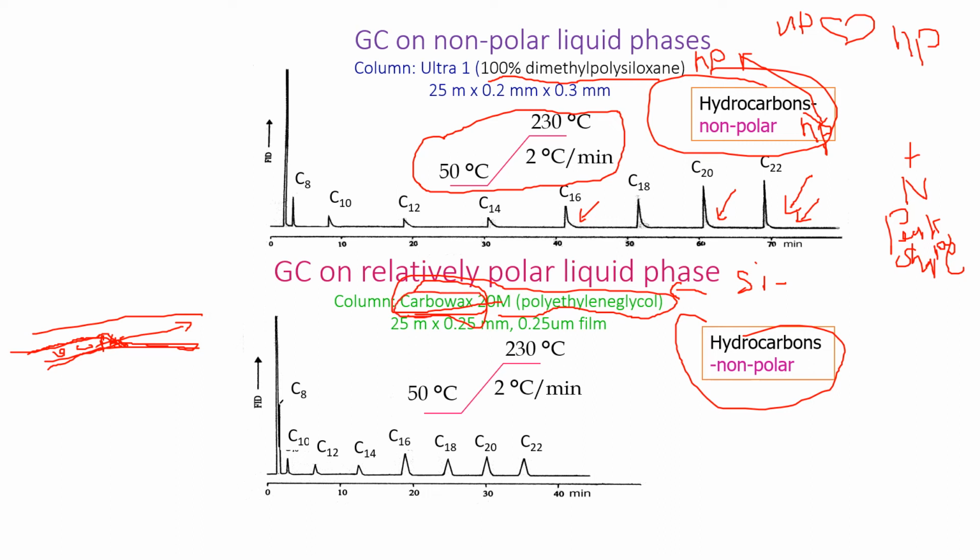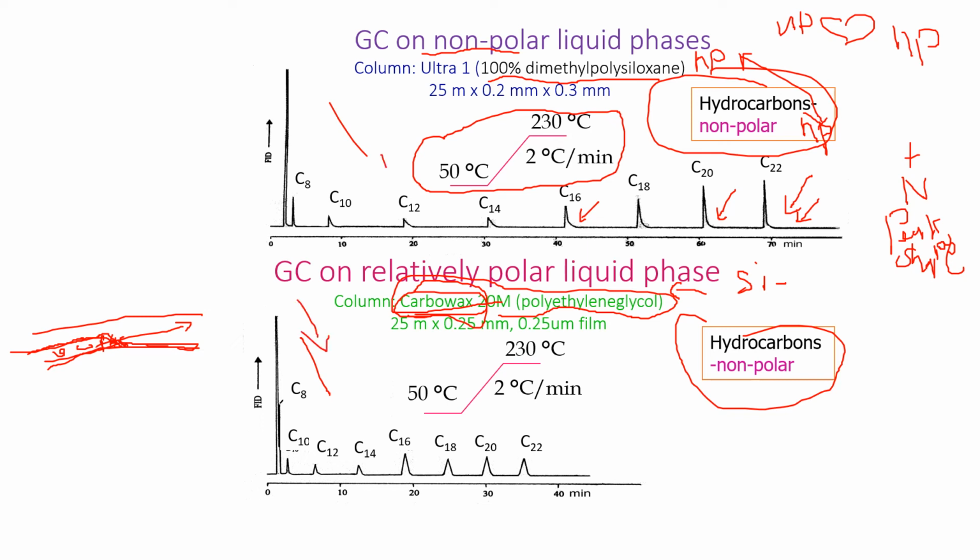So when you use GC, you have the option of using this or using this. If your set of analytes is already giving you good separation using the non-polar column, just move forward. Just proceed to the next analysis without looking at any other column.